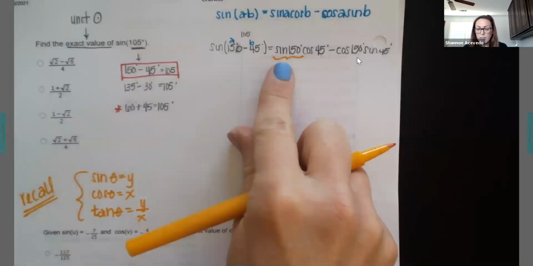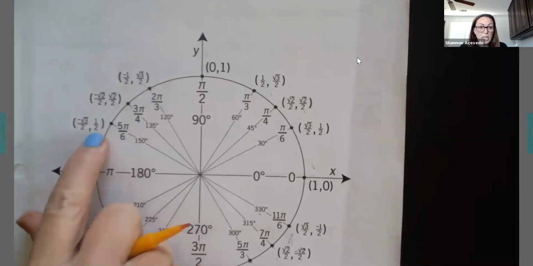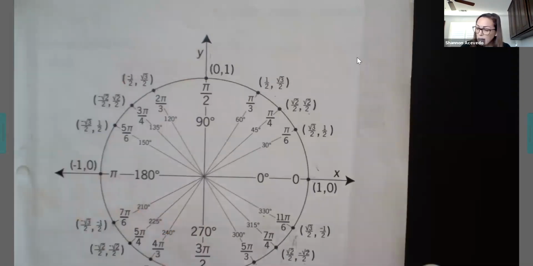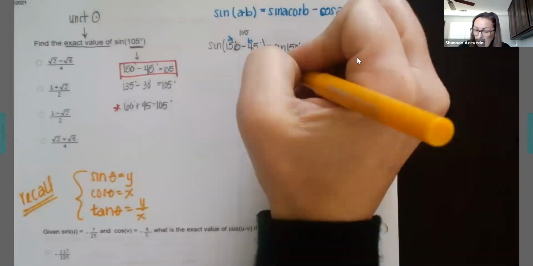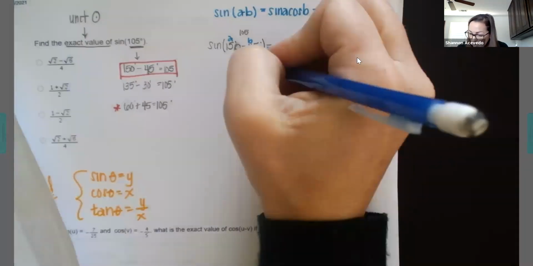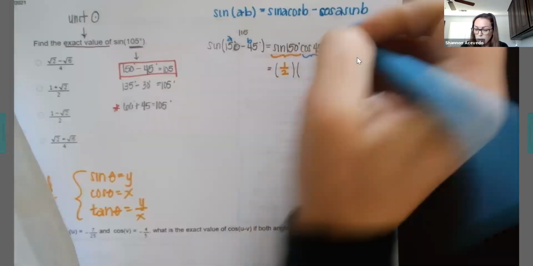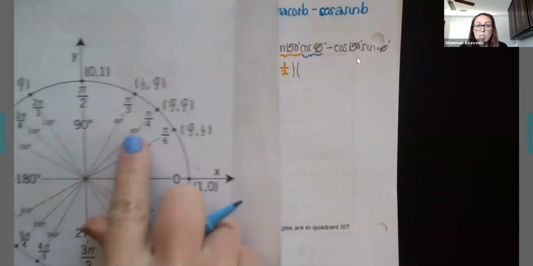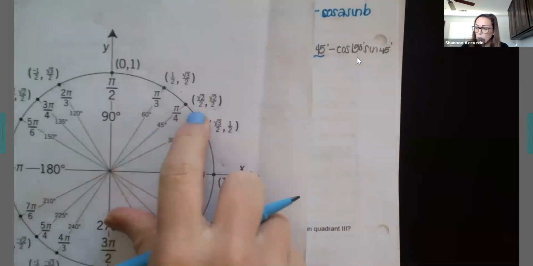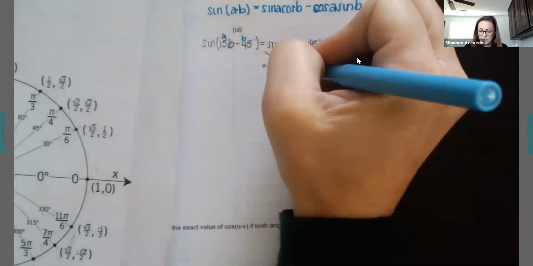Sine of 150, so I go to 150. Sine is telling me I'm looking at the y value. So it's just 1/2. Sine of 150 is 1/2. That's it. Then I'm looking for cosine of 45. I go to 45 degrees. Cosine is the x value, so it's the square root of 2 over 2.